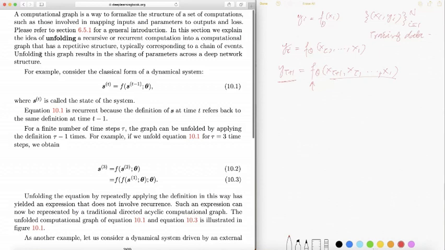So here is one way to do it. You take this f, and for the first input x1, it gives you state s1, or let me just represent it by h1. Then I take this state, and when the next input x2 comes, I give it the x2 input and the state h1, and I predict the next state h2.